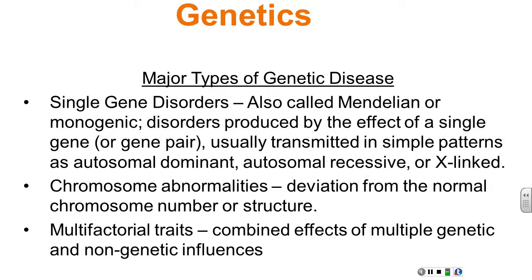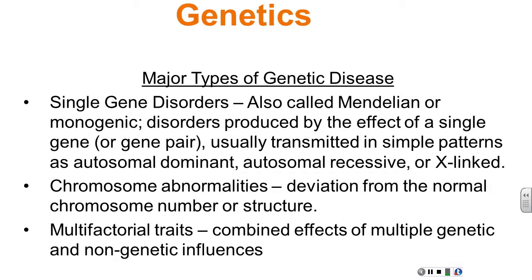So there are 3 major types of genetic disease. The first is your single gene disorders. And really that's what we're going to spend most of our time talking about in the genetics section. Dr. Gardner is going to get to some chromosomal abnormalities and multifactorial traits in a couple of lectures.